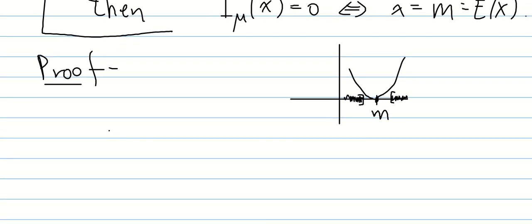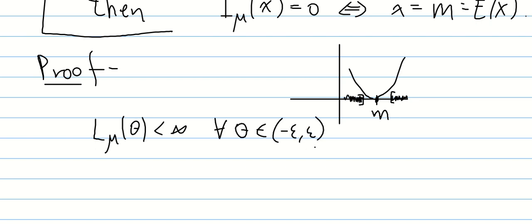So first let's observe that the hypothesis that the Laplace transform is finite for every theta in minus epsilon, epsilon is a very strong moment condition on mu. It's saying that e to the epsilon prime x has finite expectation, so x cannot have a very fat tail to the right. The tail to the right has an exponential moment.